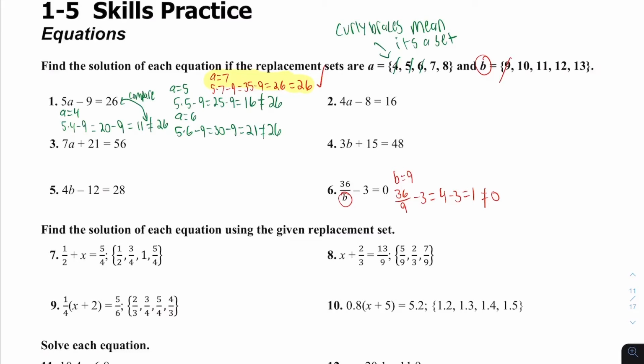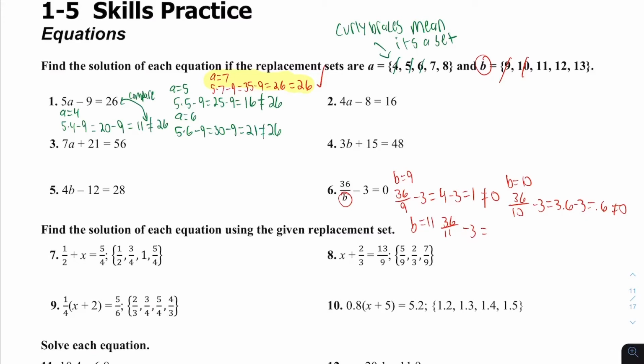And let's check the next one. B equals 10. 36 divided by 10 minus 3 equals 3.6 minus 3 equals 0.6, which is not equal to 0. So 10's not it either. Go to the next one. B equals 11. 36 divided by 11 minus 3.